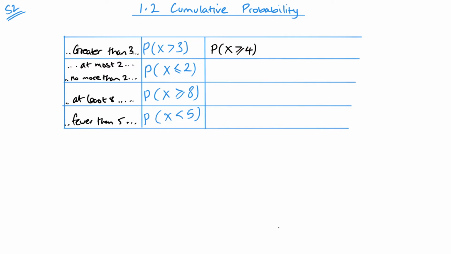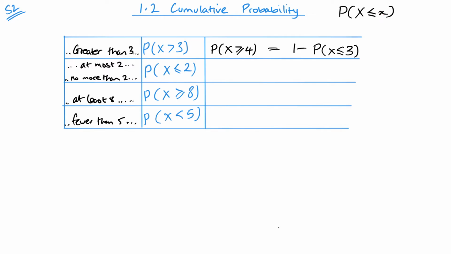Then if we come to our tables, that will become 1 minus the probability that x is less than or equal to 3. If you want 4 or more, it's the same as 1 take away 3 or less. This is because my tables are always set up to give me the probabilities where x is less than or equal to that value of x.